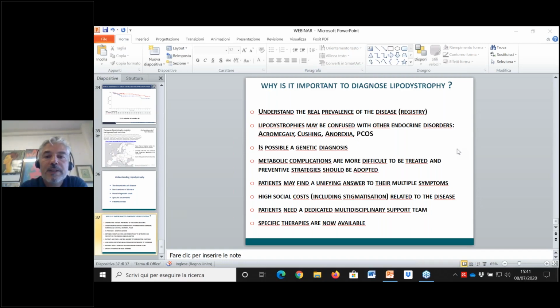So we screen for as many autoantibodies as we can in the presence of an acquired generalized form of lipodystrophy. Autoimmune thrombocytopenic purpura. So any type of autoimmunity is at least in theory possible, and you will see that most of them were already reported in clusters with the disease.